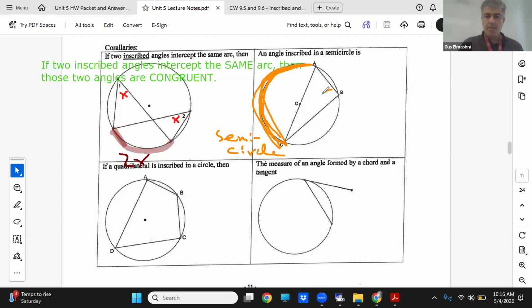So therefore, angle B is 90 degrees because it intercepts a semicircle.